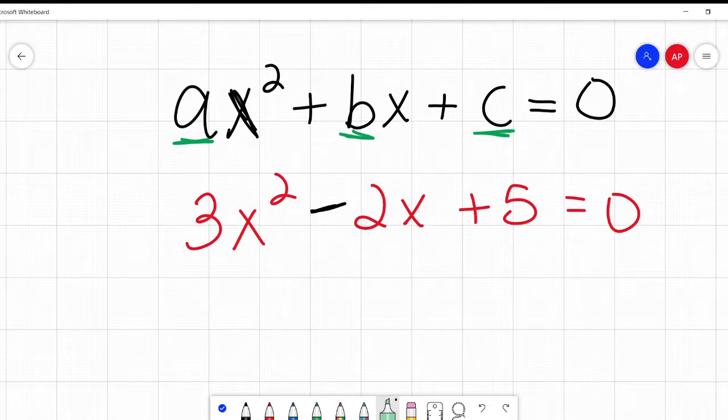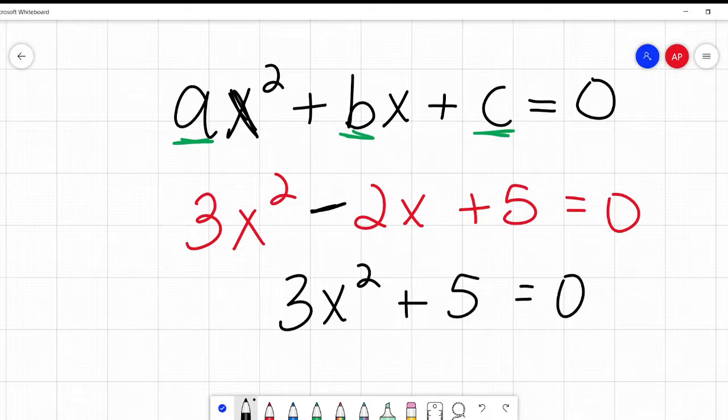Another thing, when you're using quadratic formula, it has places in the formula for A, B, and C. If you do not have a B or a C, you can still use it. You just put in 0 for those. For example, if this was just 3x squared plus 5 equals 0, then everywhere there's a B in the formula, you would just plug in 0.